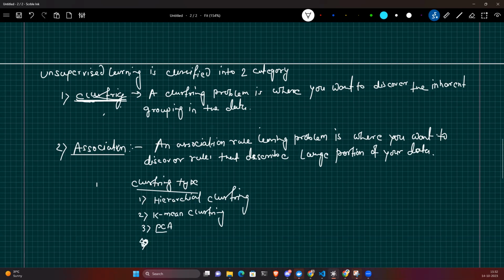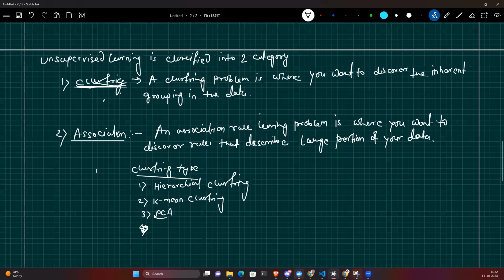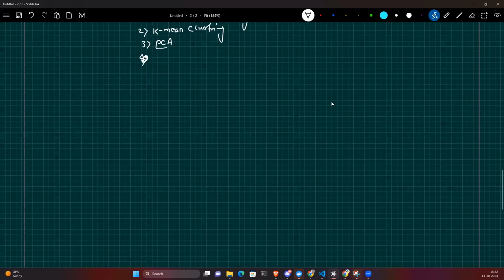Now let's talk about the advantages of unsupervised machine learning.